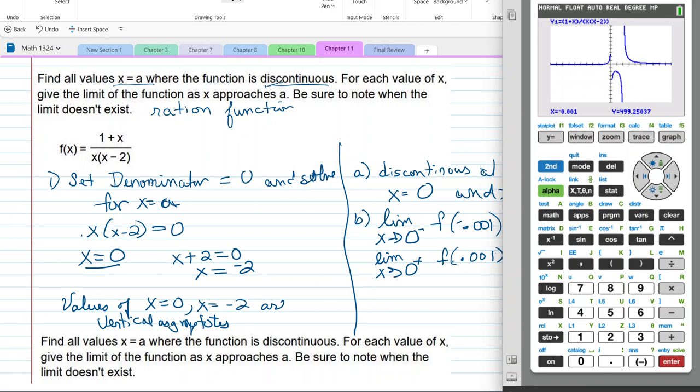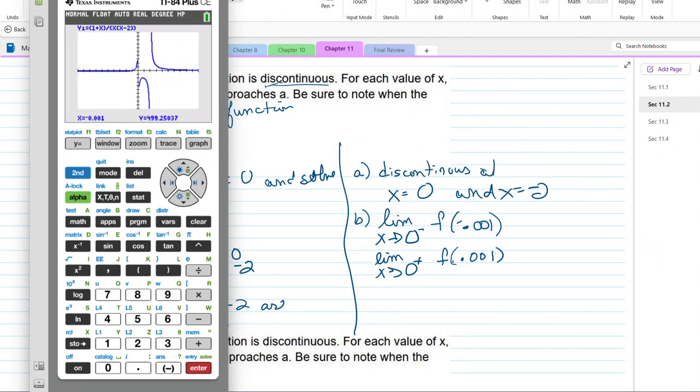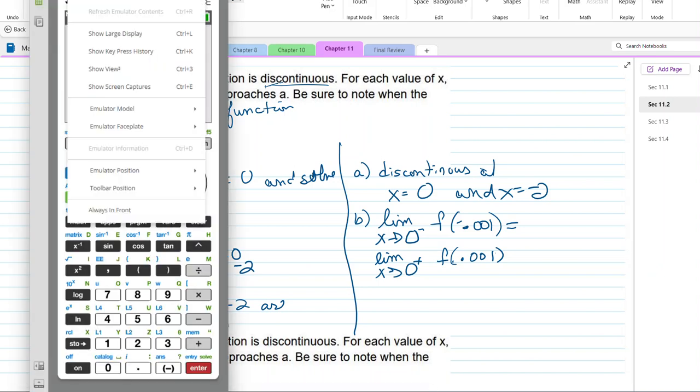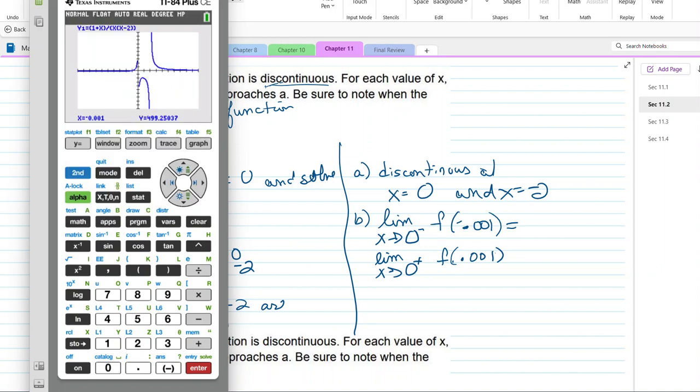So we're going to get approximately 499. At, from the right, 0.001, we get a negative 501. All right. So, gap.